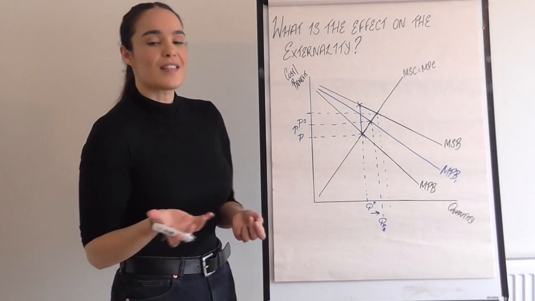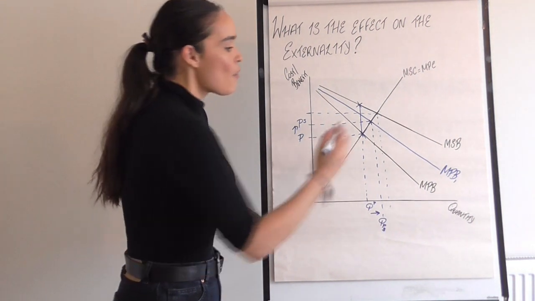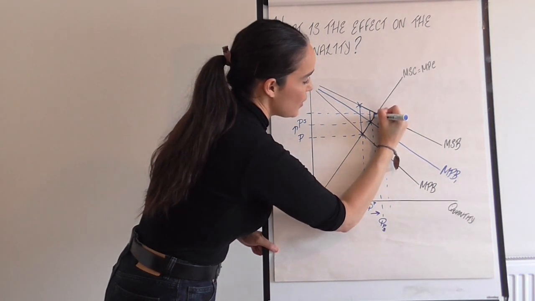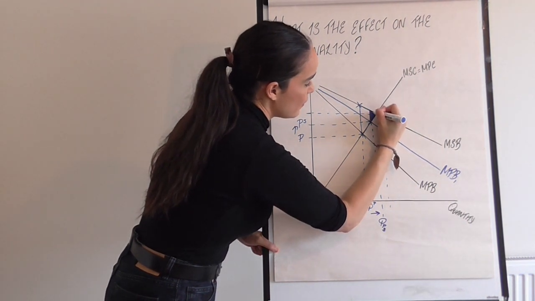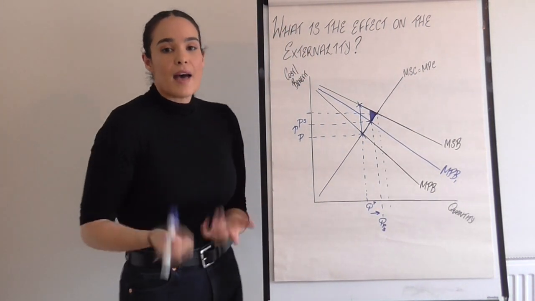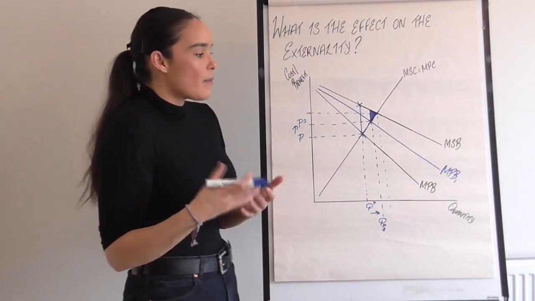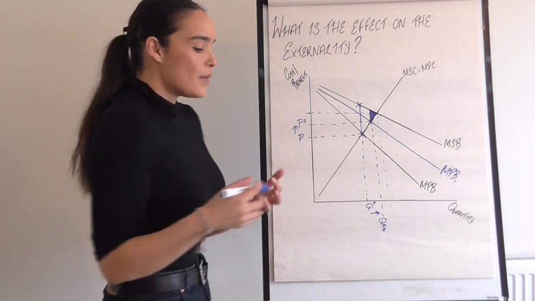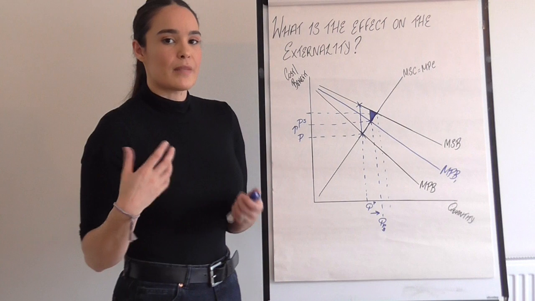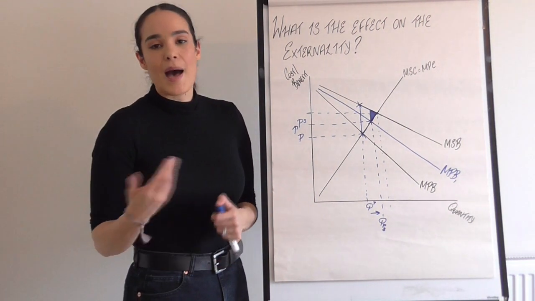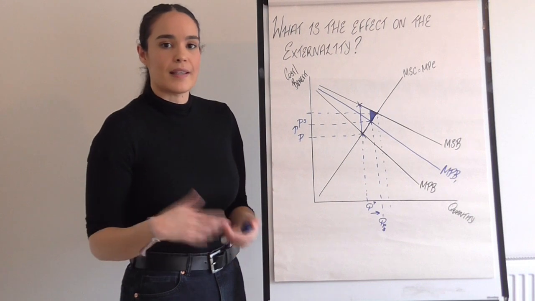And then what has happened to the size of the externality? Well, the externality has gotten smaller too. Now, there might be some instances where this might be a perfect subsidy. We know that a perfect subsidy is obviously going to be incredibly difficult because governments don't have perfect information and markets are changing constantly as well.